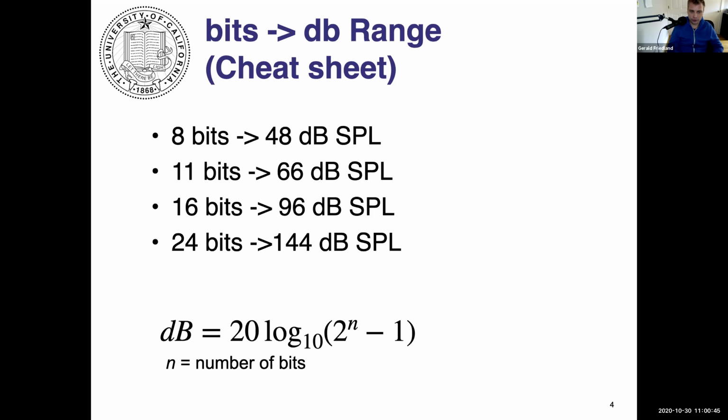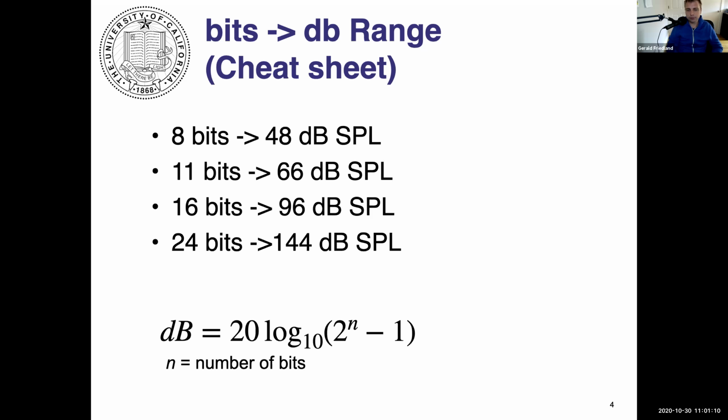So here's the conversion. You get the decibels by calculating 20 times log 10 of 2 to the power of n minus 1, where n is the number of bits. And of course, you can go the other way around. You just have to do the algebra to reformulate the equation, right? Now, the interesting part here is that people may ask, why is there 20 in there?